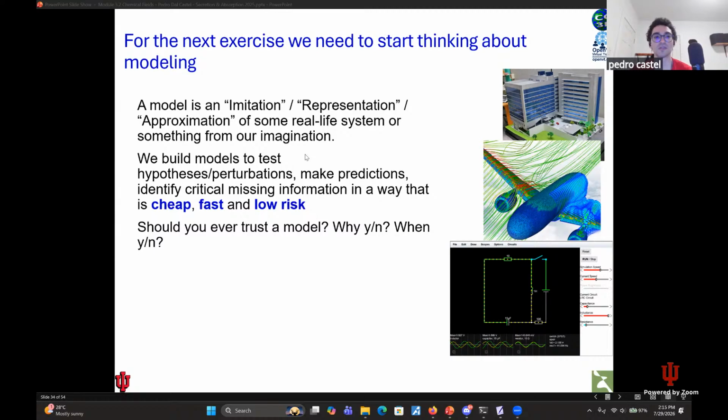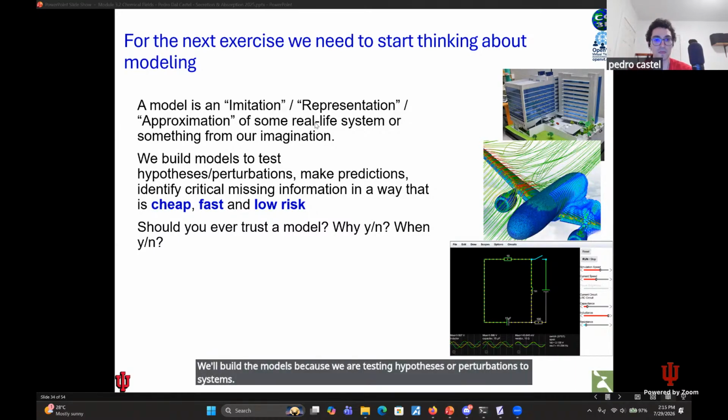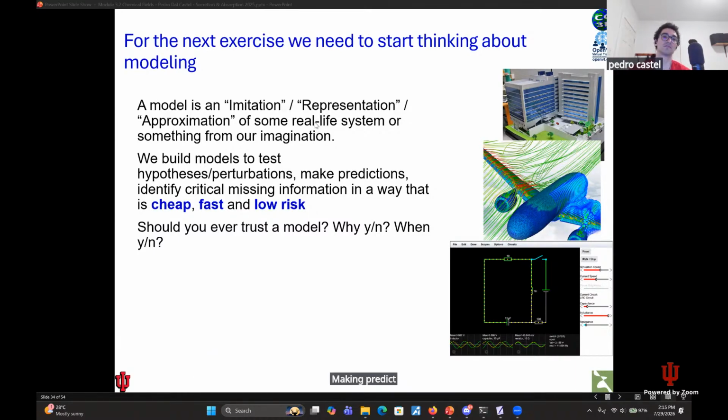Why do we build models? We build models because we are testing hypotheses or perturbations to systems, making predictions, or identifying critical missing information in a way that is cheap, fast, and low risk. So for example, imagine I want to explode an airplane and ask if it's going to fly after I do that. If I do it in real life, I will lose the airplane, but I can safely do so in the simulation. Okay?